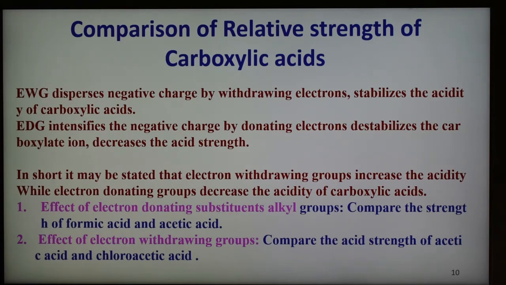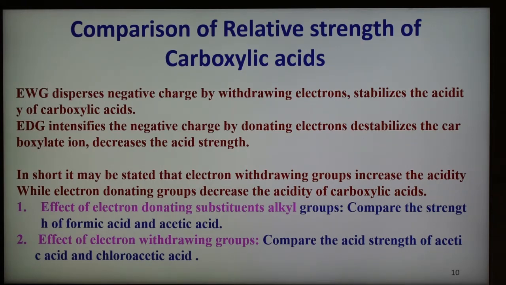As we know, the dissociation constant Ka is directly proportional to the concentration of products. Therefore, the higher the value of Ka, the lower the value of pKa, and the stronger the acid. And here two important groups are there.